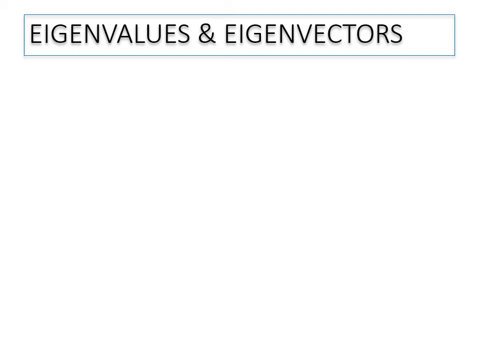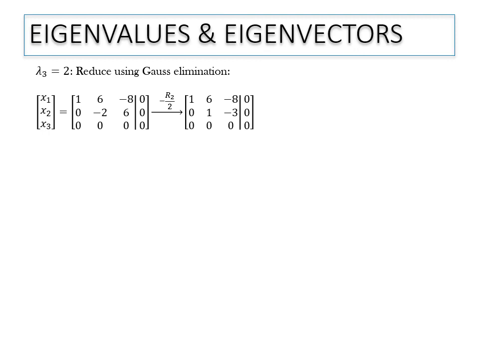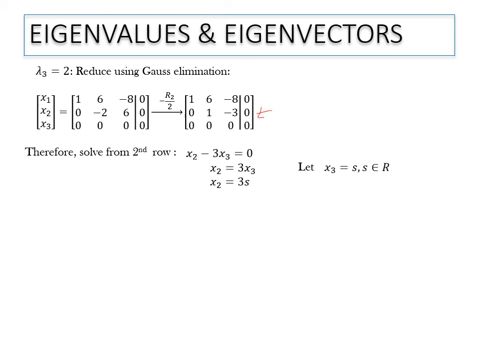Now we proceed with the last eigenvalue, lambda 3 equals 2. We reduce using Gauss elimination and get this answer. From the second row, x2 minus 3x3 equals 0, so x2 must equal 3x3. If we let x3 equal s, we get x2 equals 3s.